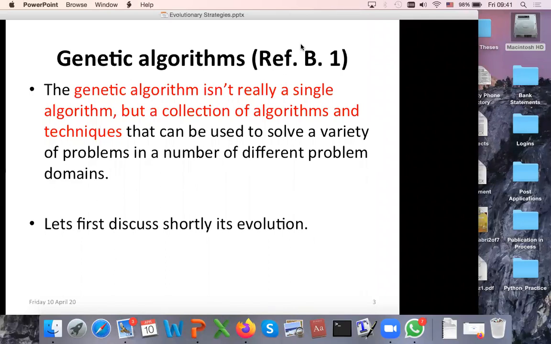You will get this when you practice genetic algorithms in your student life, and with this practice you will get the idea of how to fit this algorithm to different problems. This is an introductory statement for the genetic algorithm, and now let's move on to its evolution.